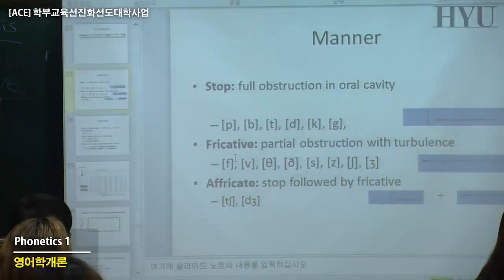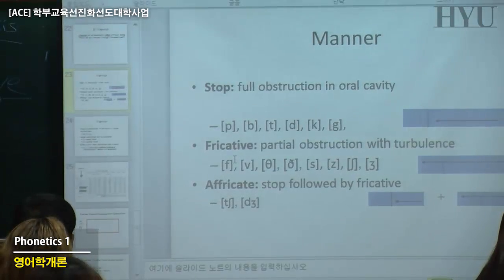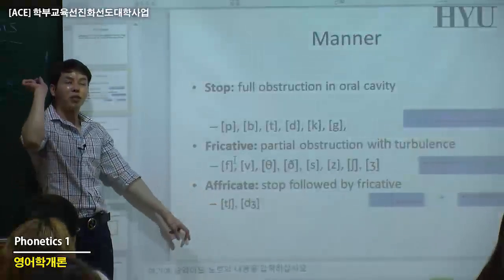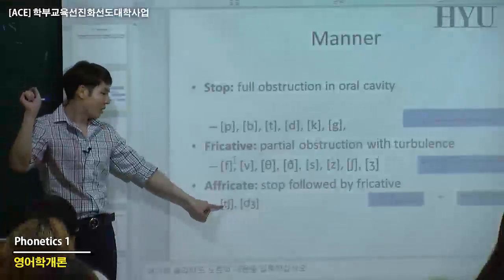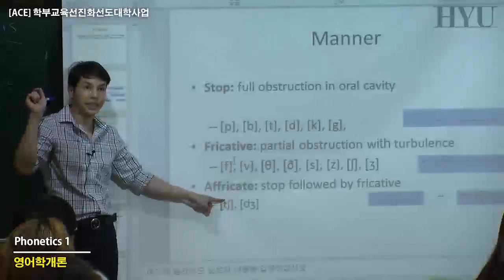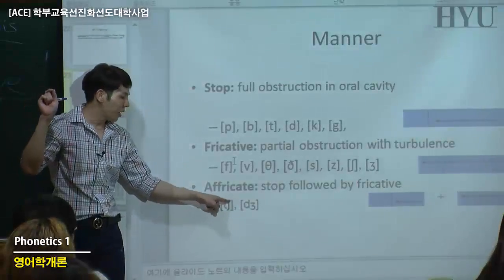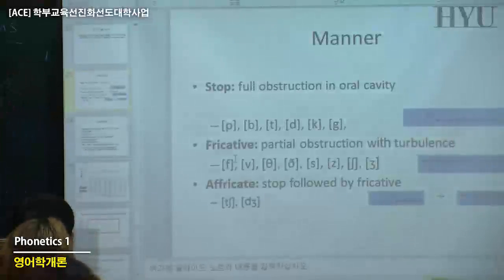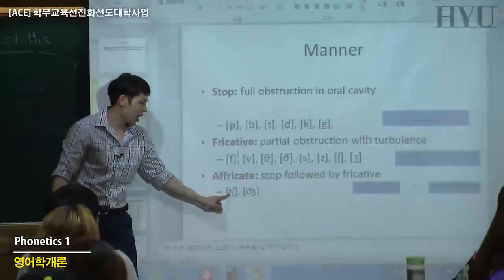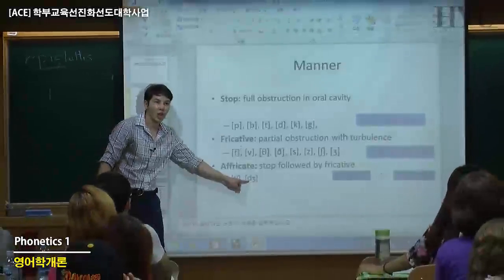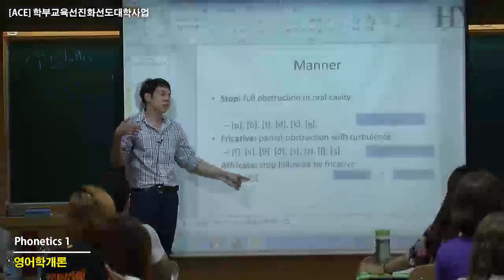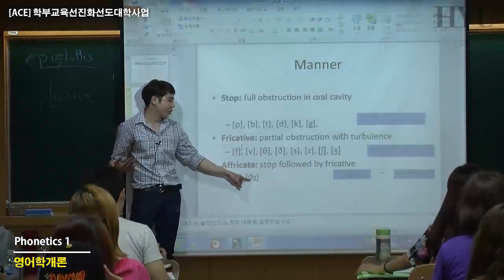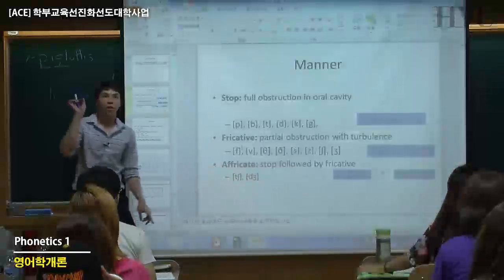When you do the t, t, you block the air with your tongue tip, just like when you pronounce the T, and then you release it through a narrow passage, ch, ch, okay? It's the same with J, j, jam, just, George. You block it and you release it partially.